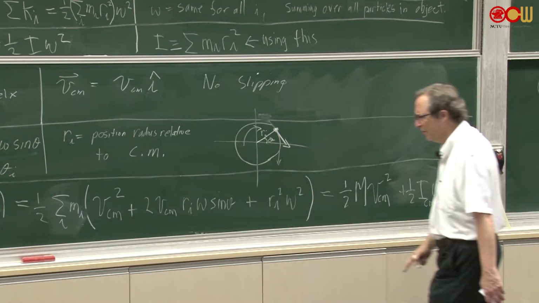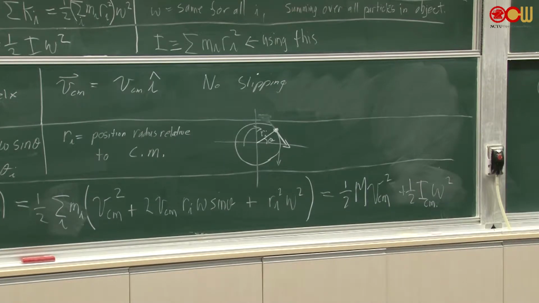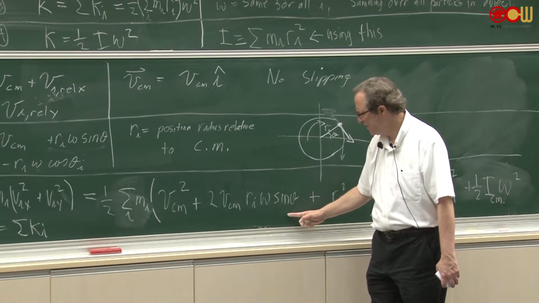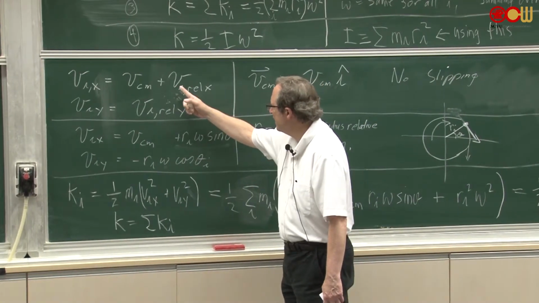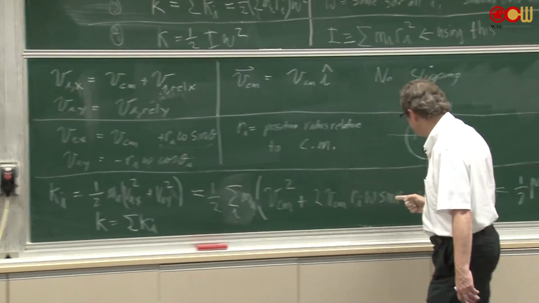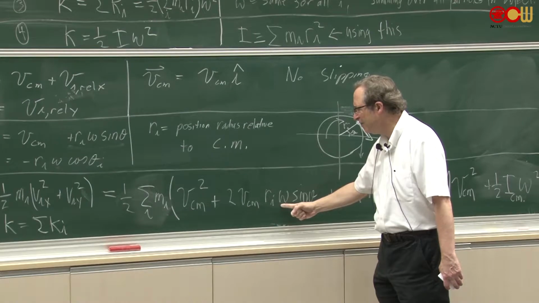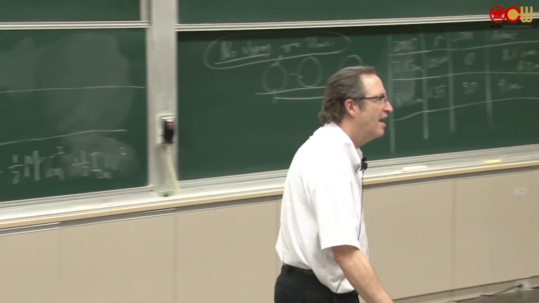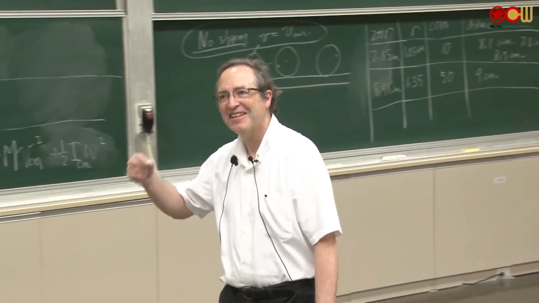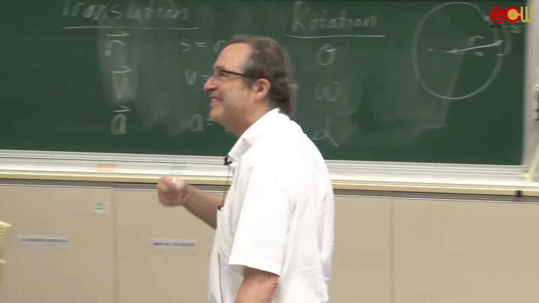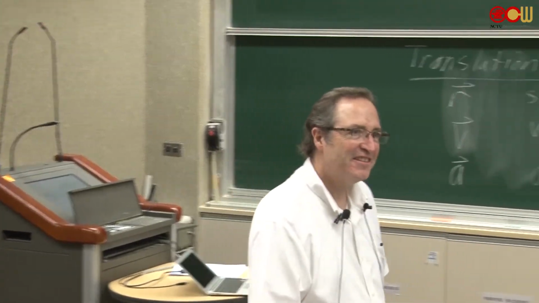What about this last term? Any ideas? So what this last term is, it's the velocity. It comes from this, right? It's the velocity relative to the center of mass, summed over all the objects, all the pieces in the object. What is the velocity of the object relative to the center of mass?